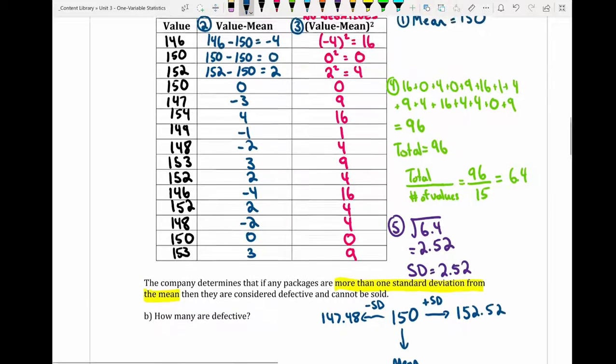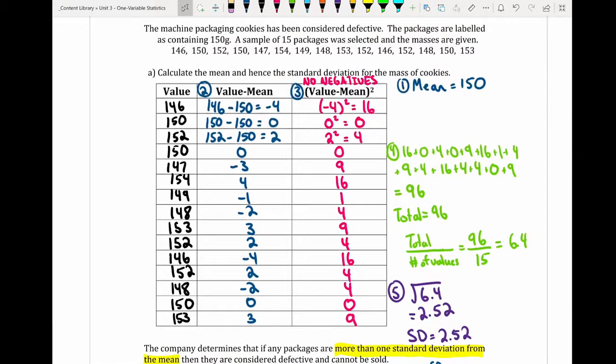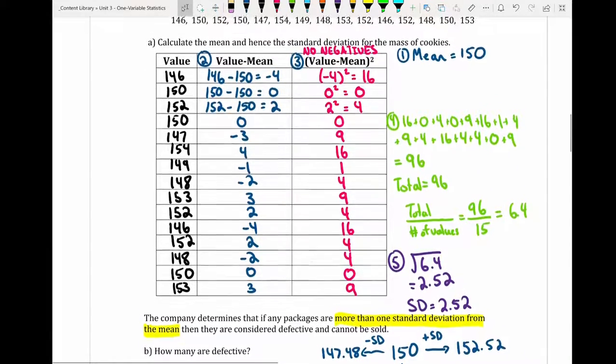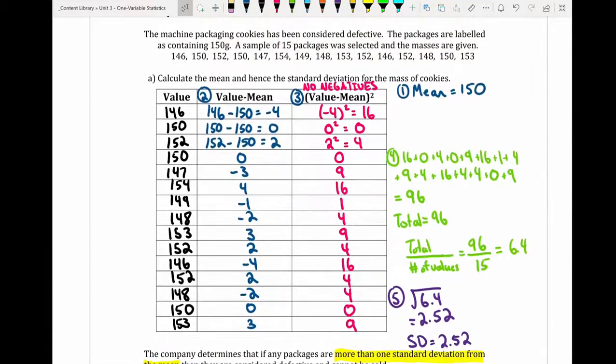So by going back up and looking at my values, I can go through and circle which ones are below 147.48 and higher than 152.52. So that is one. That is one. There's another one.